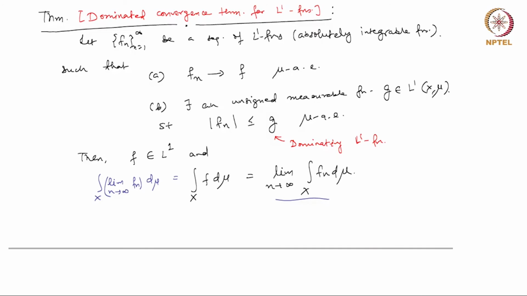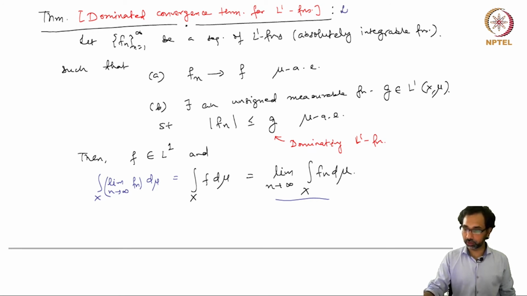Here we use the technical condition that our measure space is complete. So let me just write it here. We let (X, mu) be a complete measure space.